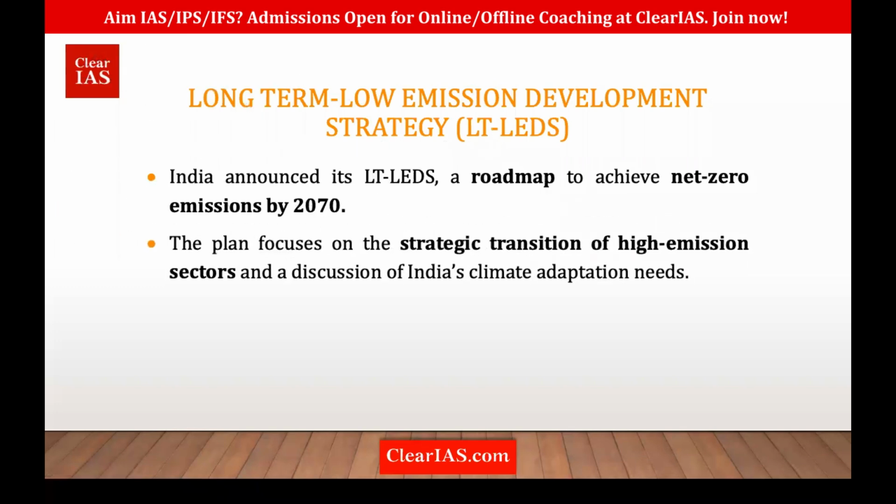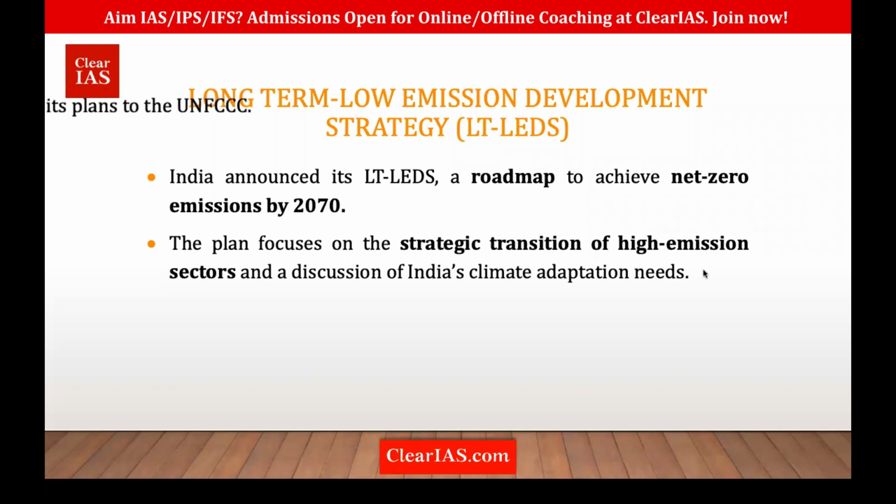Clear? So the problem is that there are high emission sectors. They need a transition in order to adapt to climate. For example, all the factories in the US are among the greatest polluters. So in order to reduce that, this plan, LT-LEDS, has to be submitted.